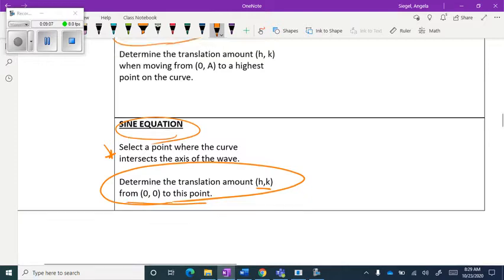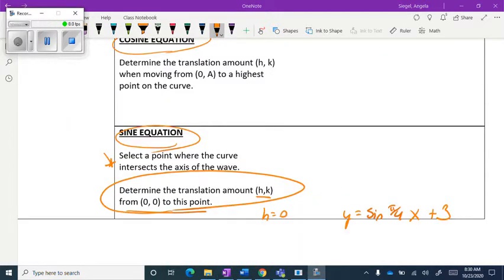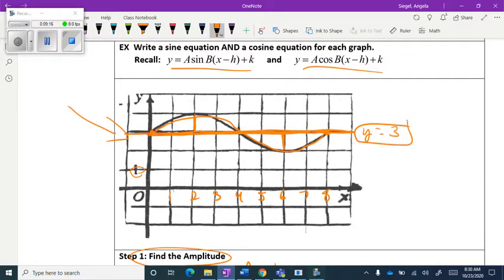Sine for this one is pretty straightforward. Since it crosses it right here, we don't have to look at it really shifting at all to the left or right. So our h is going to be 0, and our k is going to be that 3. Now the k is going to be the 3 in both sine and cosine. That's not going to be any different.